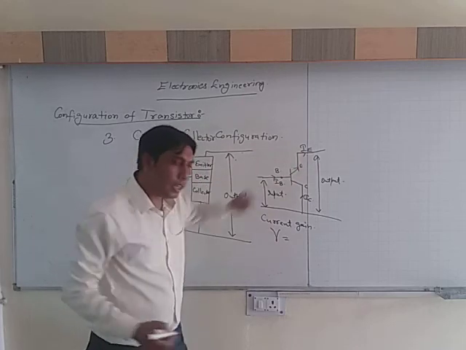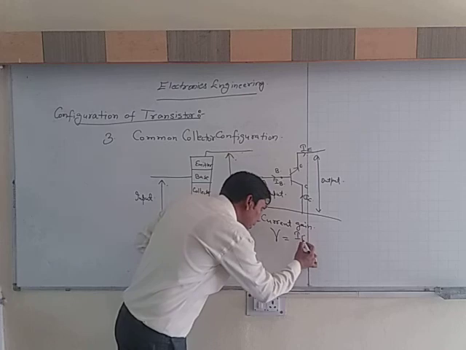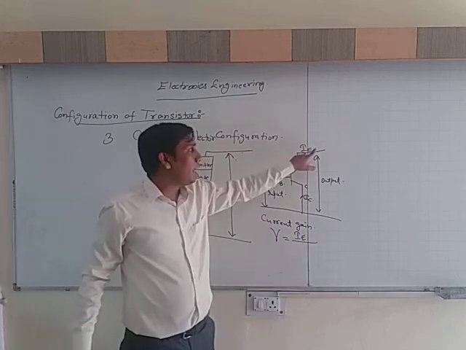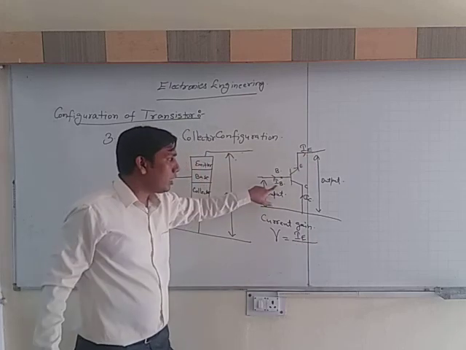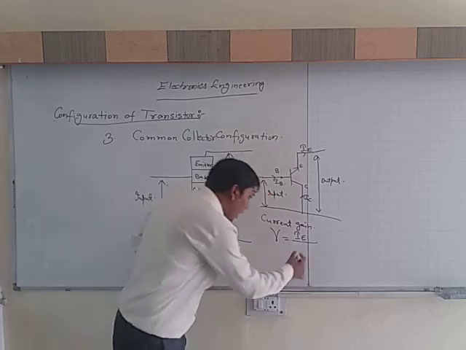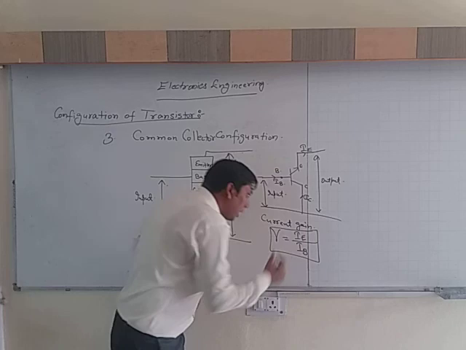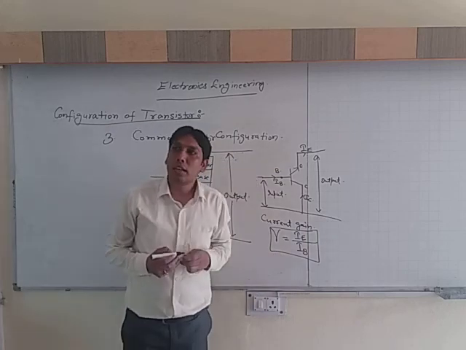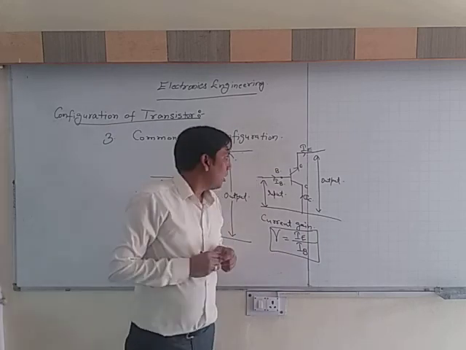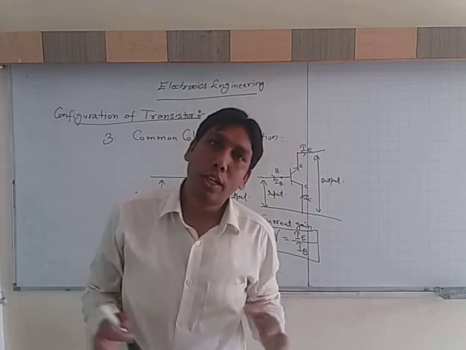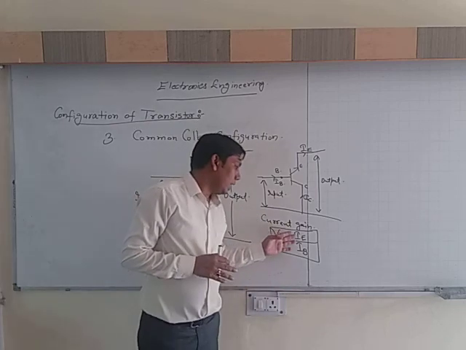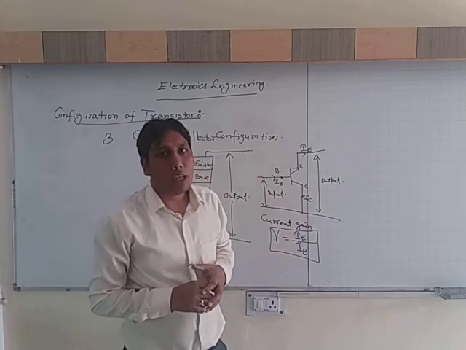The output current. Here the output current is emitter current, that is IE, and the input current is base current, that is IB. So the current gain in common collector configuration is IE upon IB.